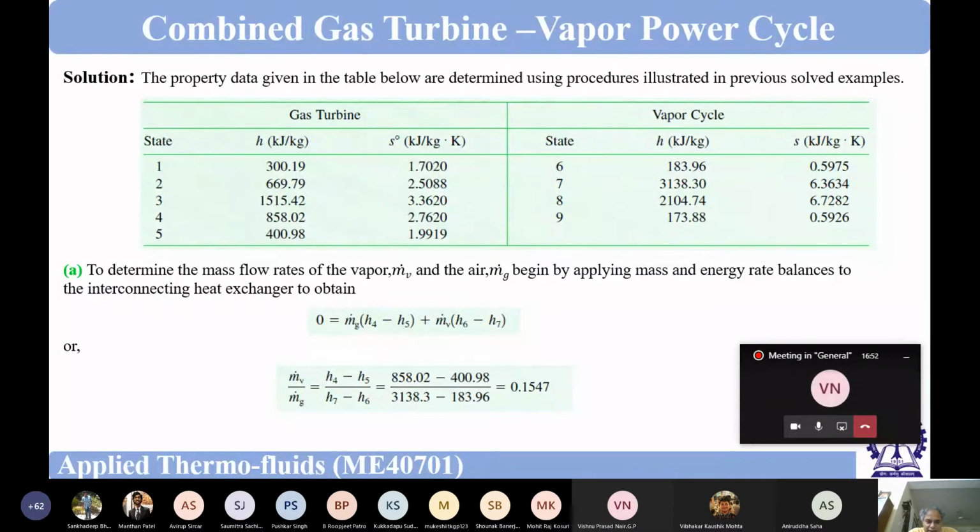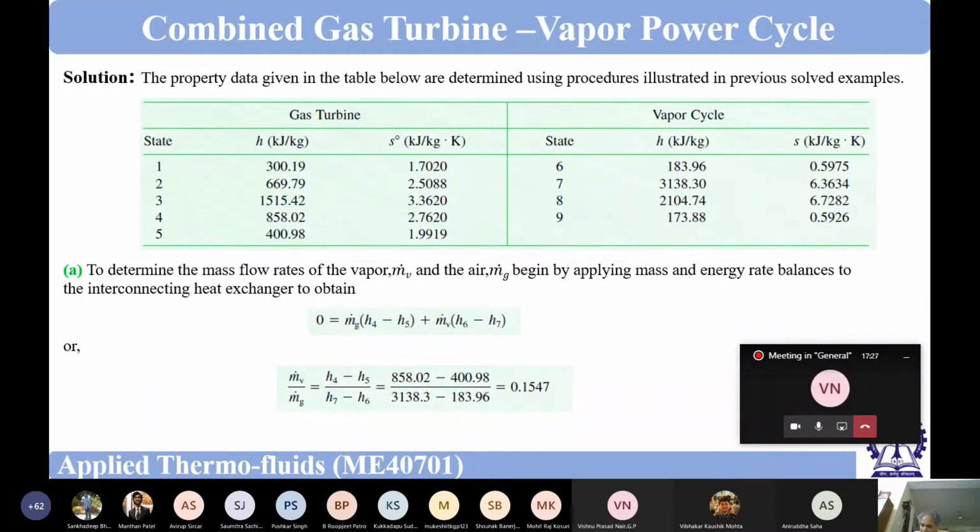If we neglect the mass flow rate of fuel, let us assume that it is small compared to the mass flow rate of air. So the mass flow rate of gas remains constant throughout the gas turbine cycle. And if we do this calculation, we get 0.1547.